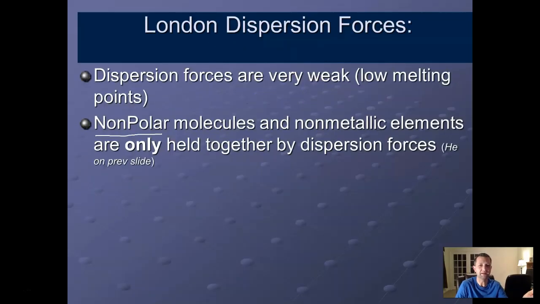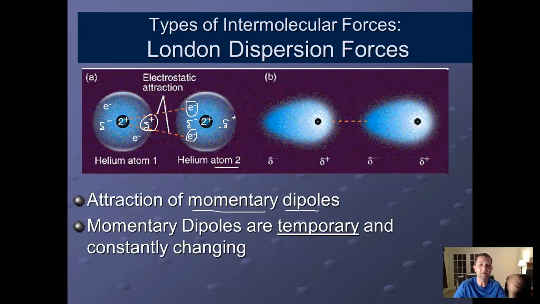If you go back here, helium's polarizability is not very big, okay, because it only has 2 electrons. So you need those 2 electrons to be relatively close to create your momentary dipole and to induce a dipole on the other atom. The more electrons you have, the better chance of creating that momentary or temporary dipole, right?